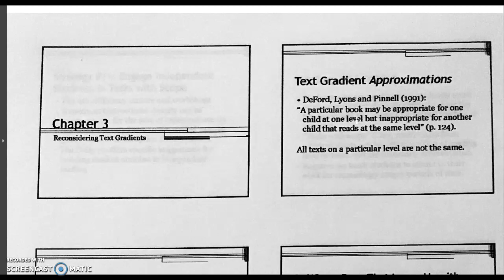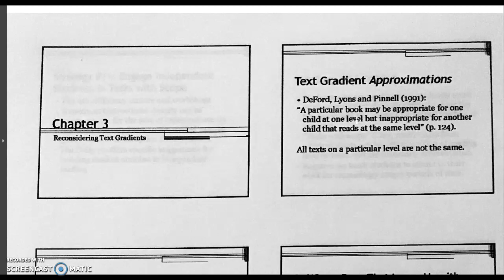All texts on a particular level are not the same. I think this is one of the number one mistakes that teachers make when they're selecting texts for guided reading, and I don't think it's intentional. I just think that we were taught a long time ago that if a child is reading independently at a level J, then you move to a level K. You just pick out a level K book.